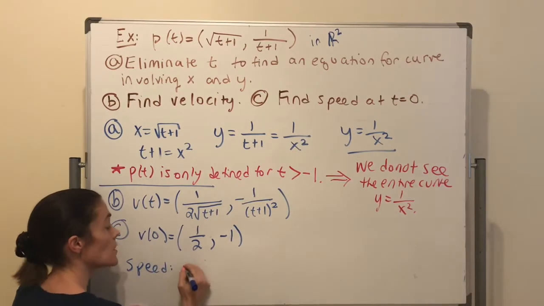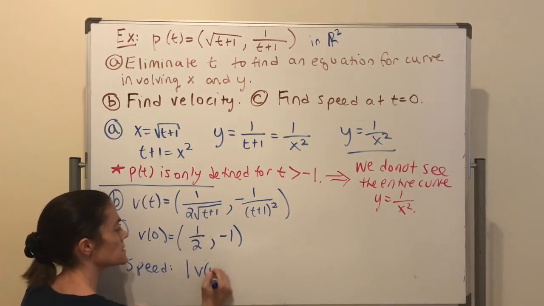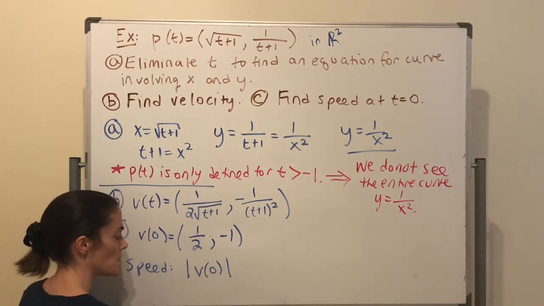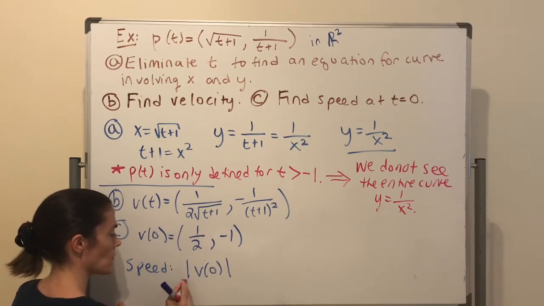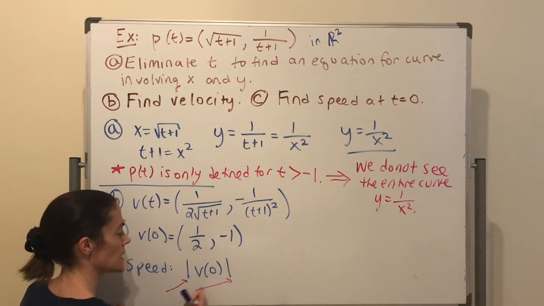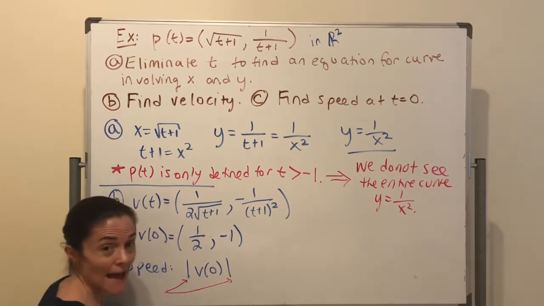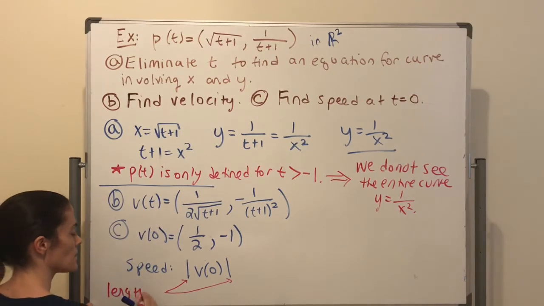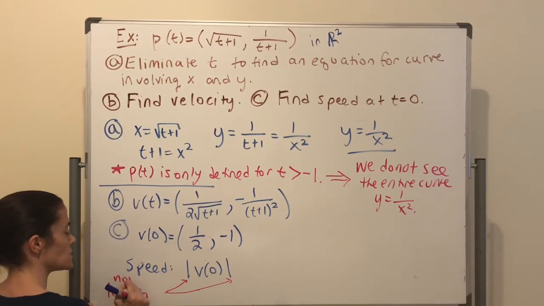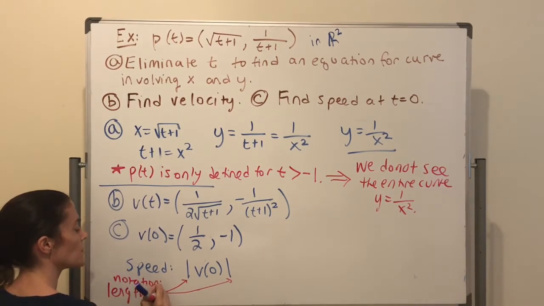And then the speed, I will introduce this notation. This notation here, it looks like absolute value signs. This is notation for the length, or a magnitude.